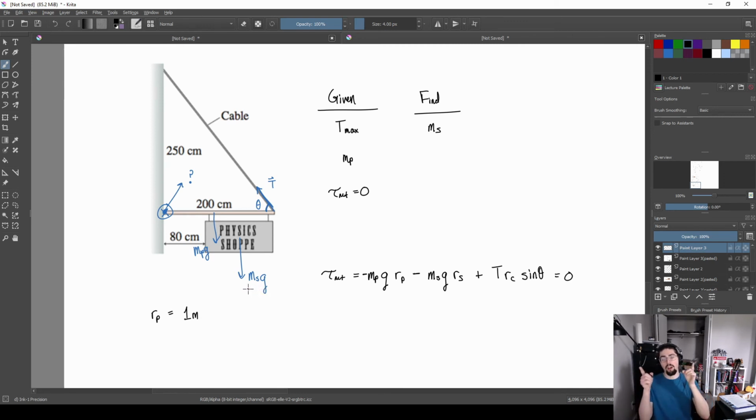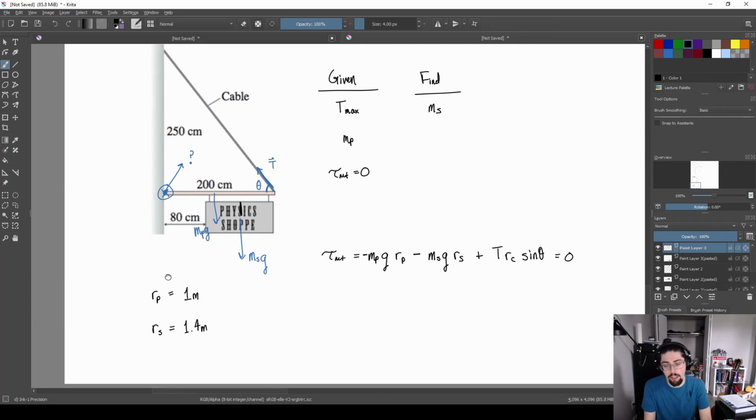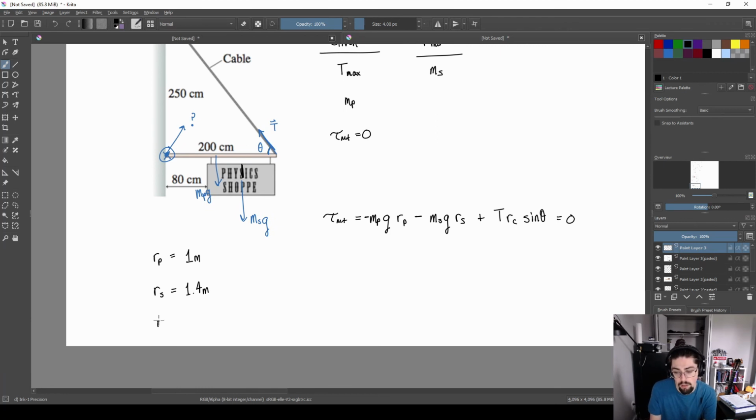Well, the whole sign is 120 centimeters across. So I go my first 80 and then I go halfway across, right smack dab in the middle right here. This is 140 centimeters, or 1.4 meters away from the wall. Finally, my cable is the full 200 centimeters, or 2 meters.